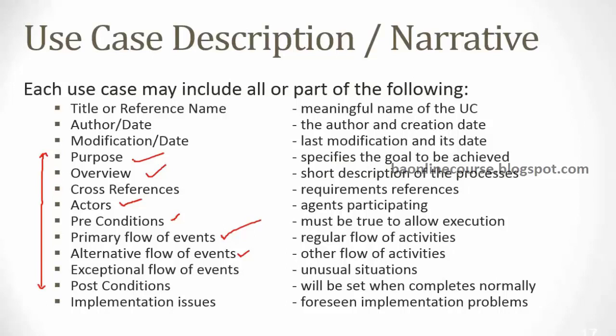But your alternate flows are where the user maybe enters an incorrect input, so an error message has to be displayed. He's not successfully completing the task. Let's say when he's logging in, maybe he entered an incorrect password or an incorrect user ID, right? So the system has to respond to those situations as well.